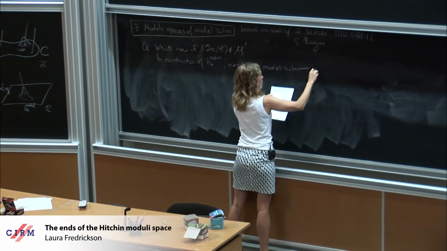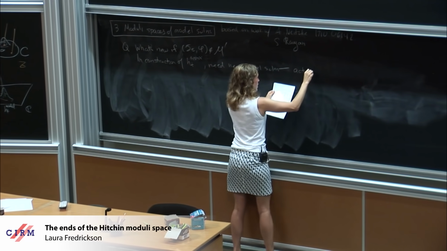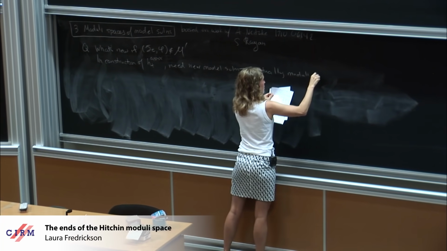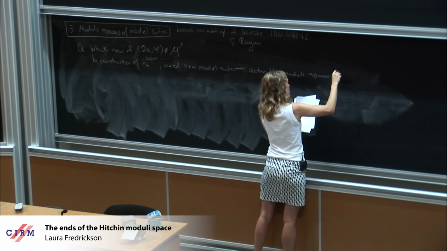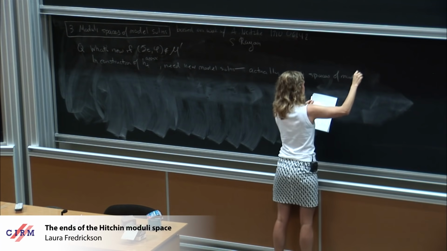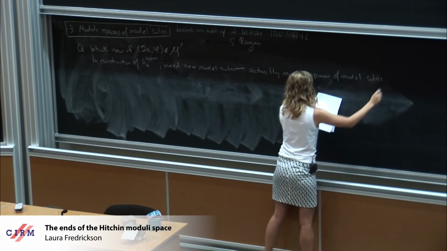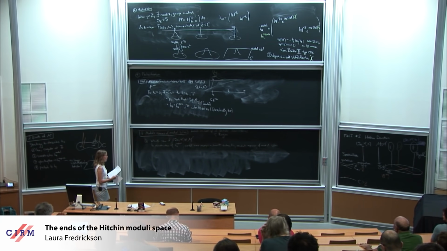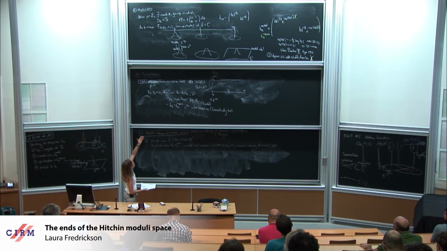And actually what you need is moduli spaces of model solutions. So I want to start by making two cases for why you get moduli spaces of model solutions, because right up there you have your single model solution, which is great, but that's not the case in general.